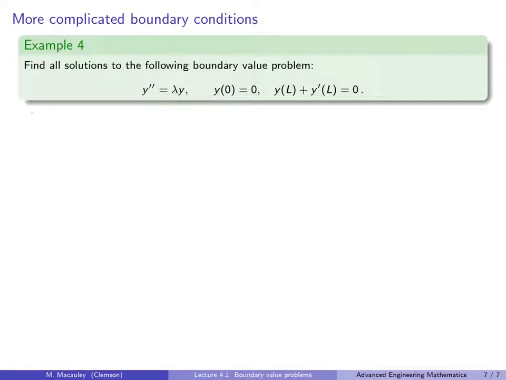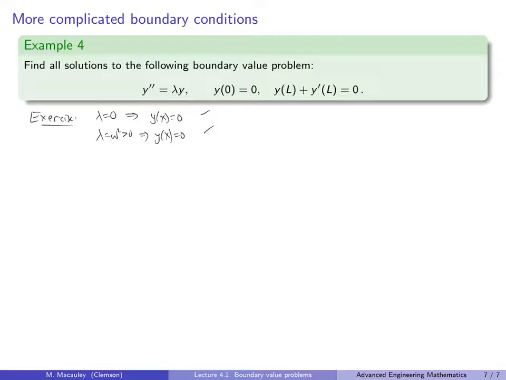So first of all, I'm going to leave it as an easy exercise to verify that if lambda is 0, then we have no non-trivial solutions. So y of x has to be 0. And if lambda is positive, so omega squared, which is positive, then we also get no non-trivial solutions. y has to be 0.